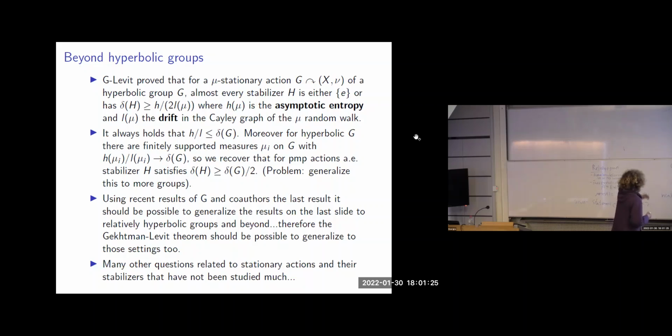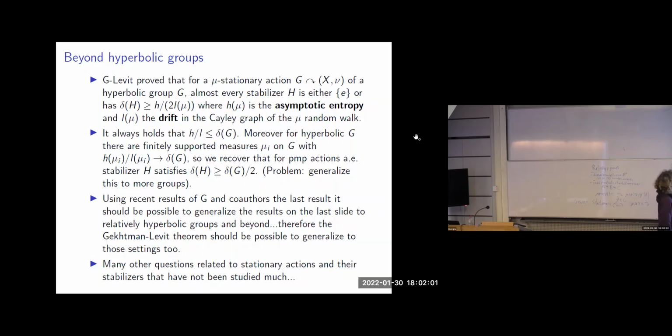And drift: it's the average amount that, if you take n steps of the random walk, your distance increases in one step. Okay, and this is all well defined.